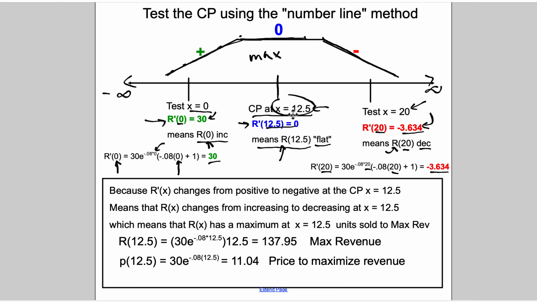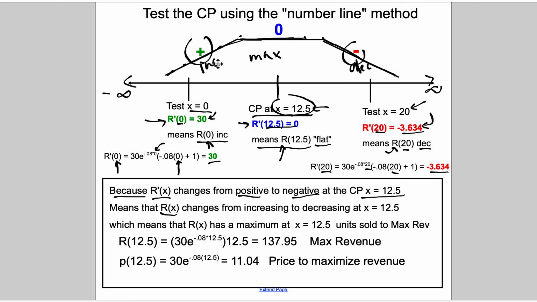I have maximum revenue when x equals 12.5. Here's what I'm looking for in terms of describing. Because r prime of x changes from positive to negative at my critical point, 12.5, that's telling me that my revenue function goes from increasing to decreasing.